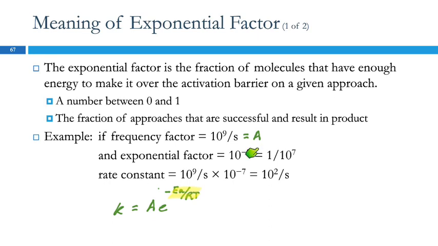So if this is A and this is the exponential factor, e to the negative Ea over RT, then you multiply those two, and that gives you the rate constant. So in this case, it would be 100 per second. And that would be the number of approaches that are successful. Any questions?